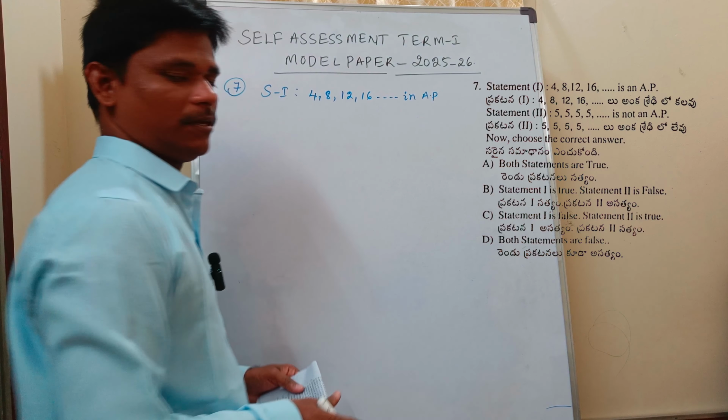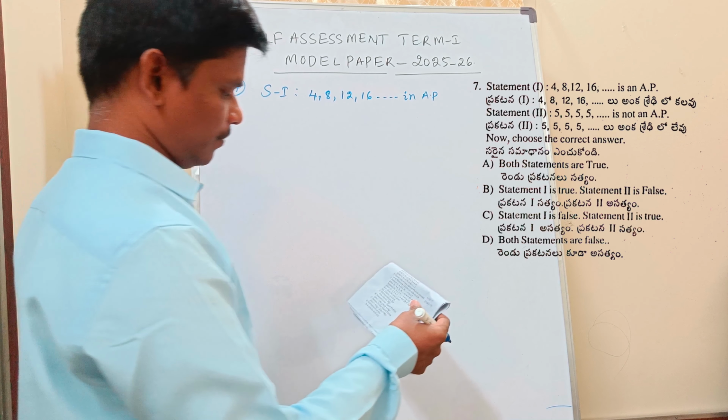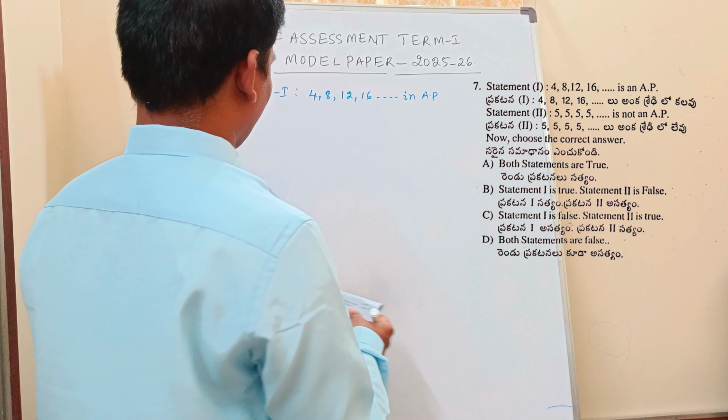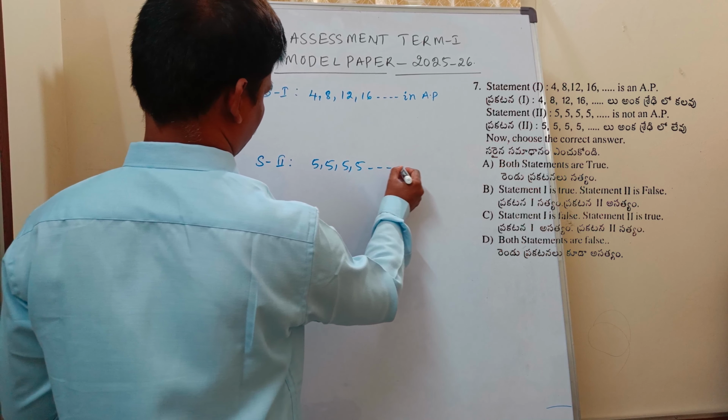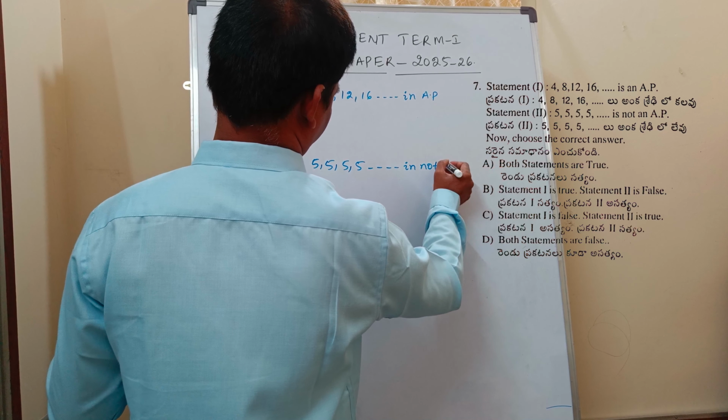AP means arithmetic progression, so this belongs completely to the arithmetic progression chapter. What about statement 2? Statement 2: 5, 5, 5, 5 and so on is not in AP.